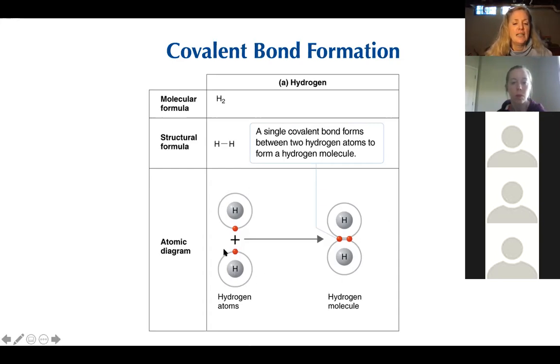Each one has the same inclination to either give it up or grab onto another one. So what they do is they decide to share, okay? And this is how a covalent bond forms. The electron pair swishes around and spends as much time around this hydrogen as it does around that hydrogen, so the electrons form a cloud around the whole molecule and move around both of the hydrogen cores.